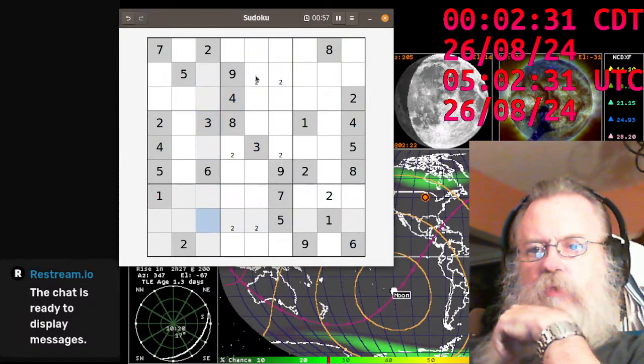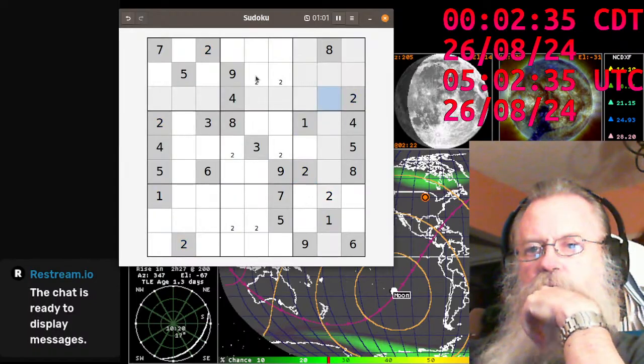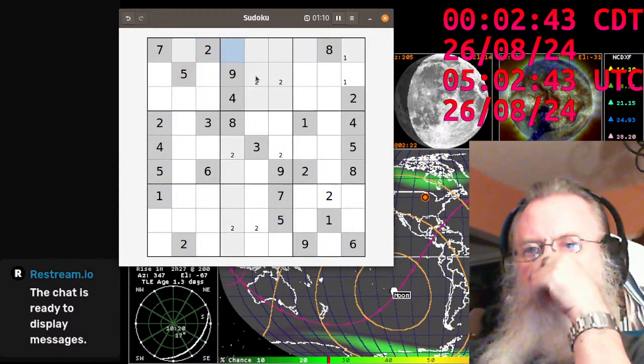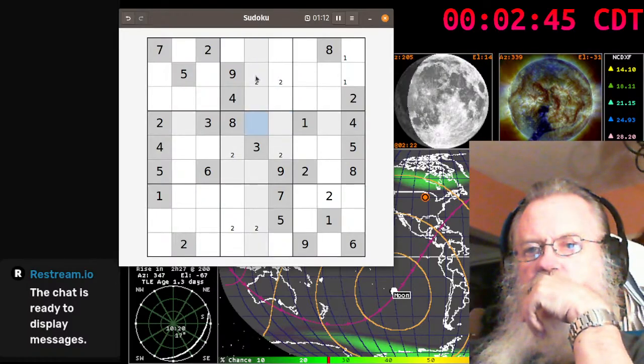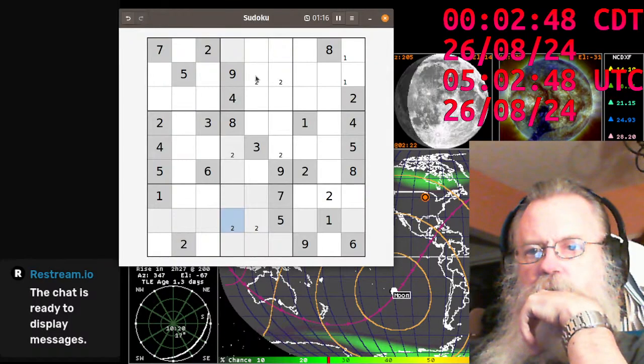All right, how about 1? So we get 3 possibilities for 1 there. 2 possibilities for 1 there. 3 here. 4 here. No constraints here. All 6 or 7 of these. Just the 2 there. And 4 here.